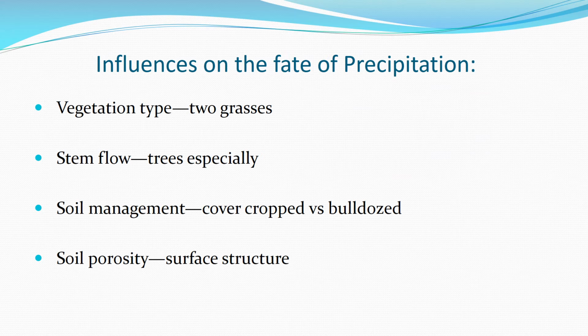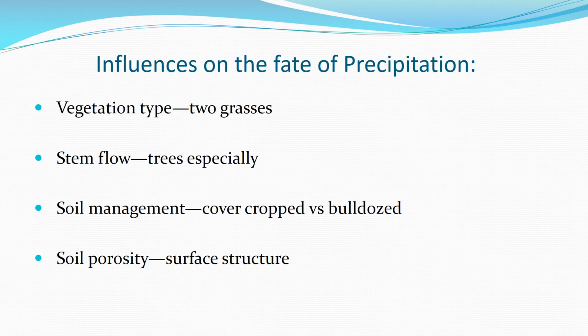There's also other influences on the fate of precipitation. Vegetation type makes a huge difference in how water hits the surface of soils and whether or not it goes in or is evaporated back into the atmosphere or runs off into a surface water body. Even two different types of grasses can influence this. Stem flow in trees especially will influence this.